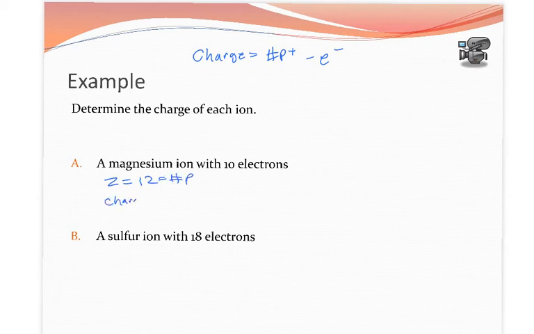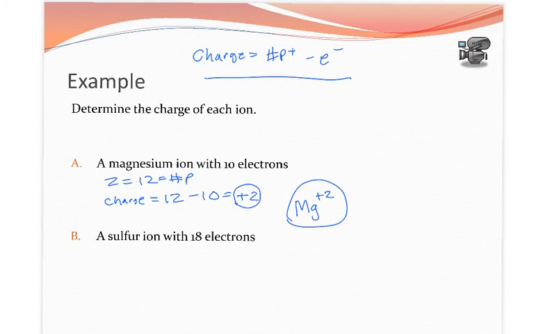Now we just plug it into our equation up here. So our number of protons is 12 minus 10, which is our number of electrons, which gives us a positive 2. So we write magnesium ion, cation, like so, with the charge as superscript.